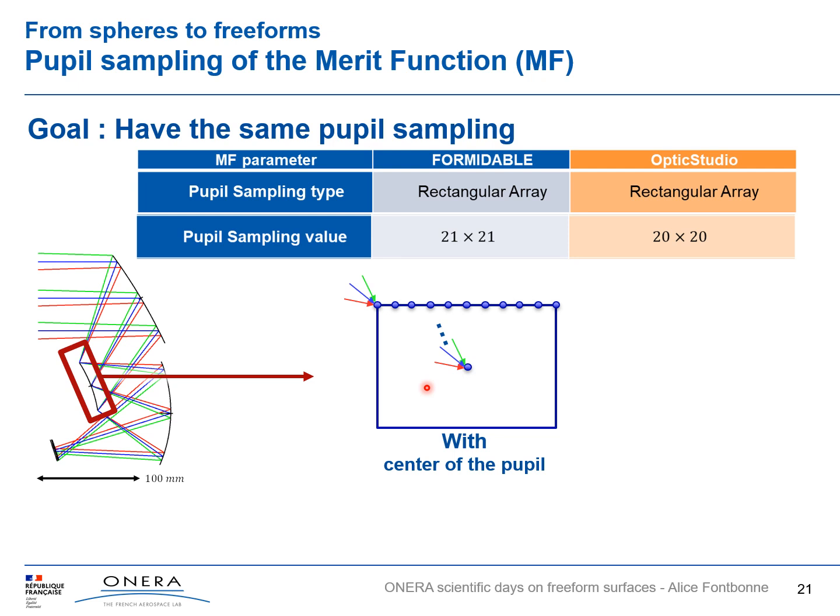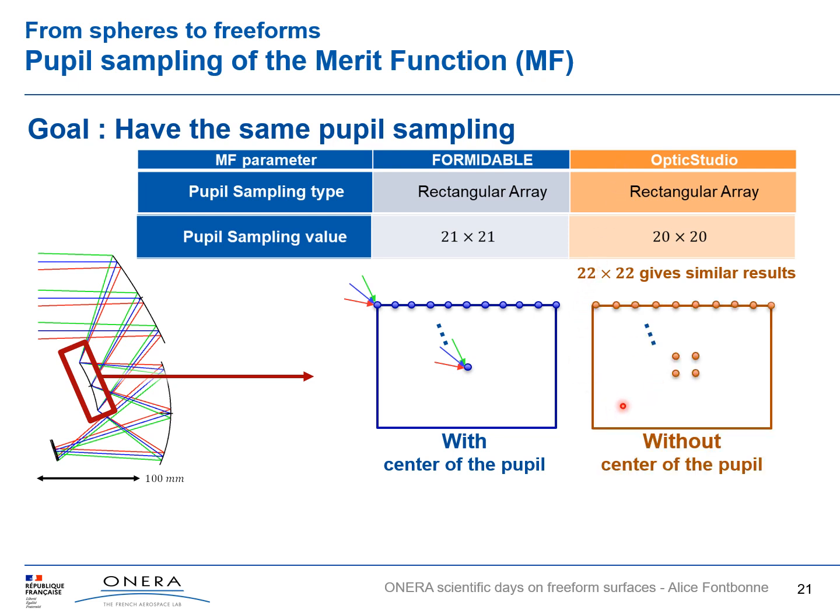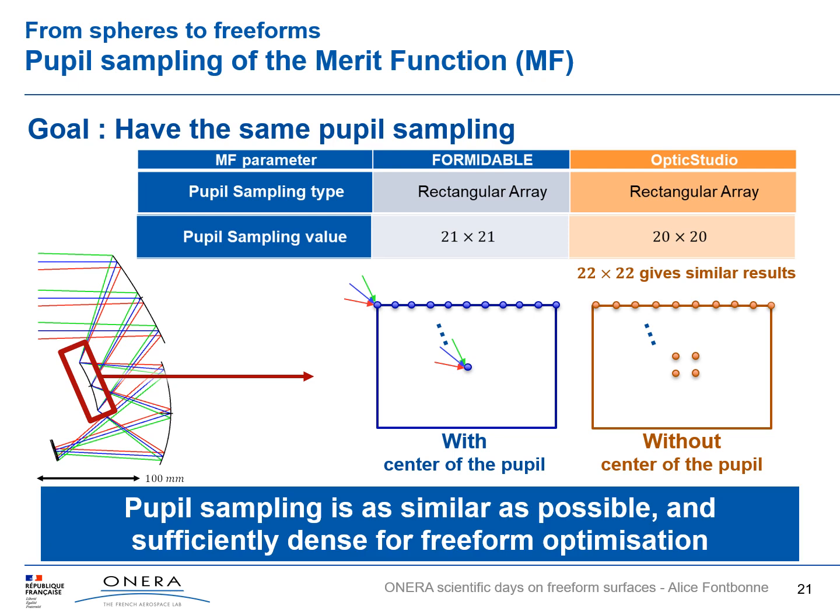And unfortunately, with Optic Studio, it's only even pupil sampling. So it's 20 by 20, and we checked that 22 by 22 gives similar results. So it's without the center of the pupil, but in fact it's quite the same. So pupil sampling is as similar as possible and sufficiently dense for freeform optimization.